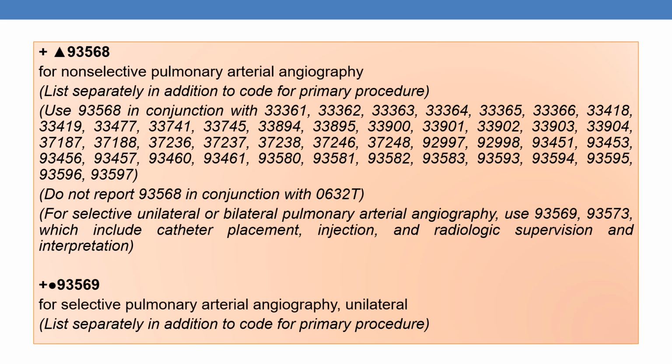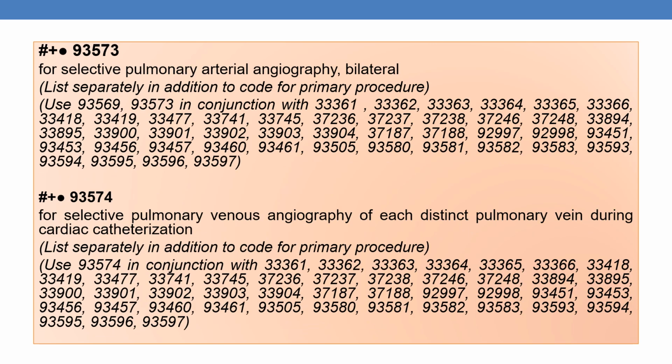The next is also an add-on code, and it is a revised code, 93568, for non-selective pulmonary arterial angiography. The next is a new code, 93569, for selective pulmonary arterial angiography, unilateral. Next is 93573 for selective pulmonary arterial angiography, bilateral.